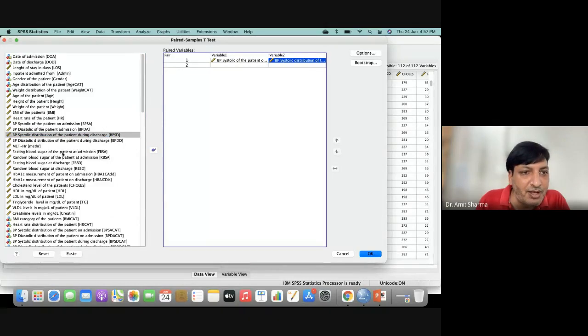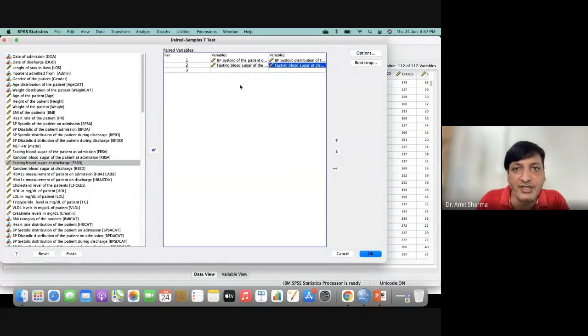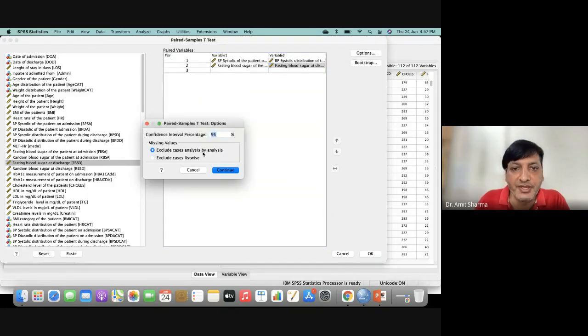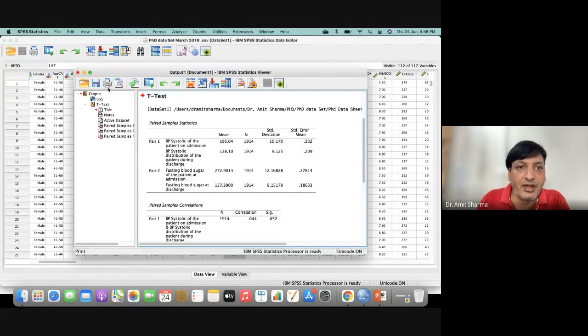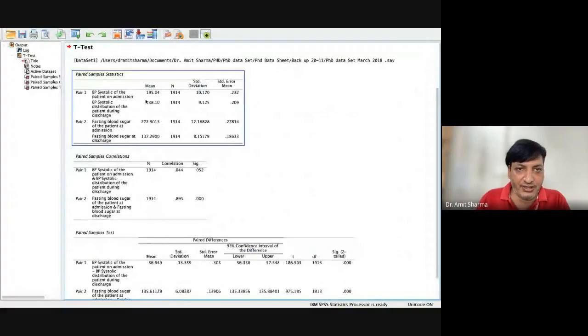And if you want, I can add fasting blood sugar during admission and fasting blood sugar during discharge. You can see I have added 2 different variables together. In the slide I showed when 1 pair was there, but I have added 2 pairs here. One is for systolic blood pressure and the second one is for fasting blood sugar. We'll go to Options, 95%, OK. Everything is set, no problem. We can click OK, and here we got the results.